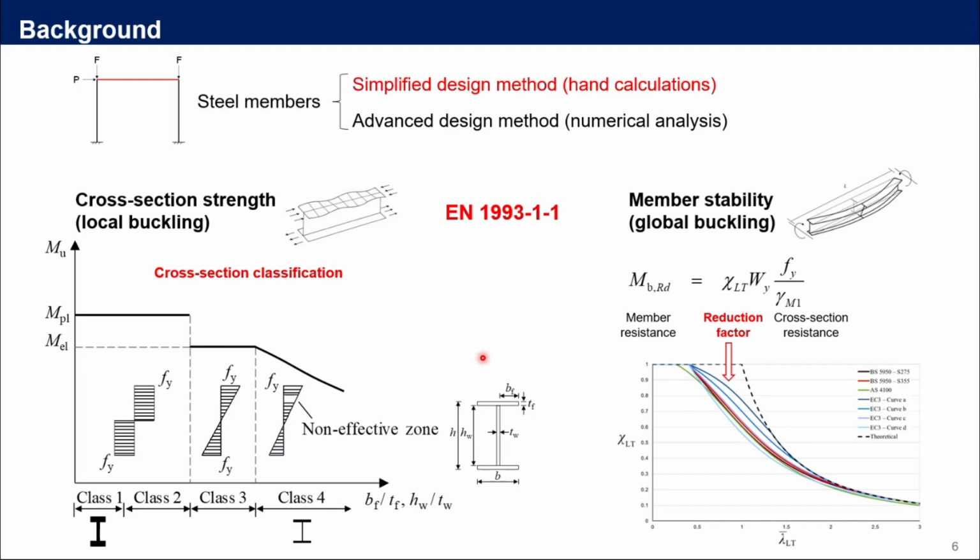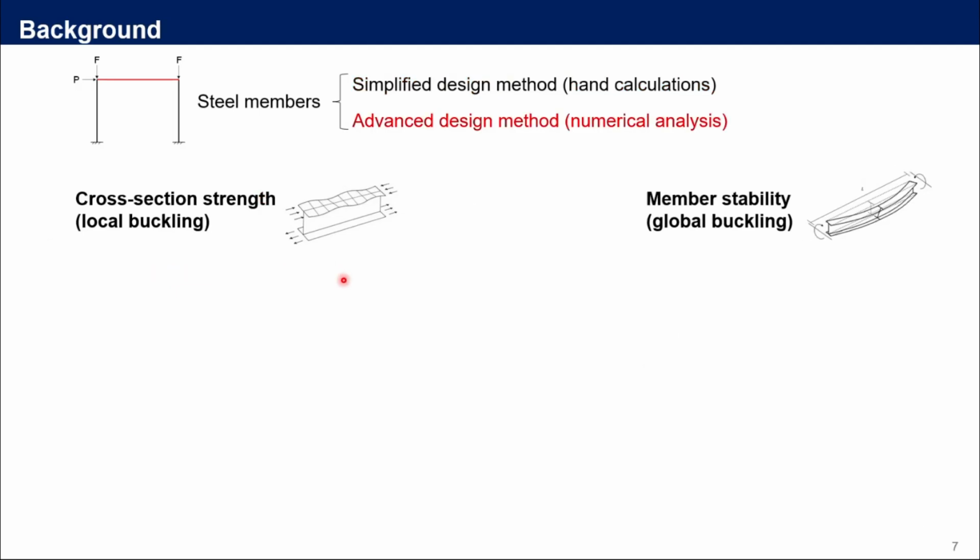And after determining the design cross-sectional resistance, the design member resistance is obtained by multiplying the design cross-section resistance by the global buckling reduction factor to account for the global buckling behavior. So this is how we could apply the simplified design method for steel member design.